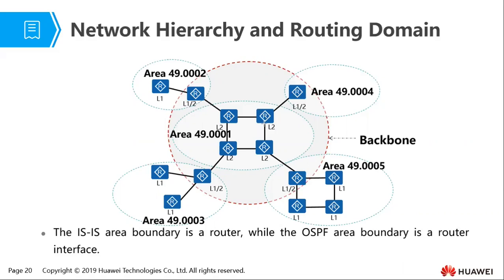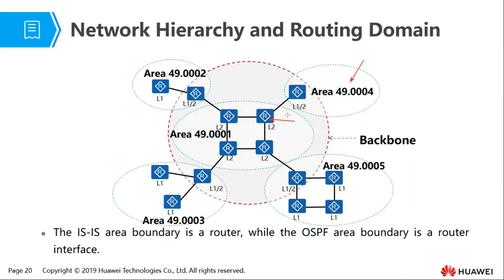Then, of course, the last one now is a level 2 router. A level 2 router has only a level 2 LSDB. So its LSDB has routers in the backbone area, but it has no LSPs from the non-backbone areas.